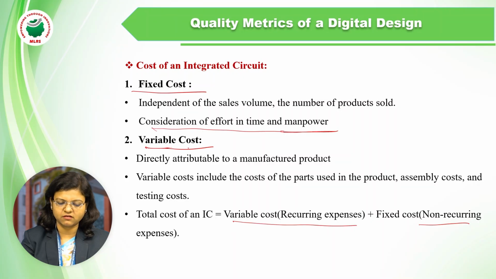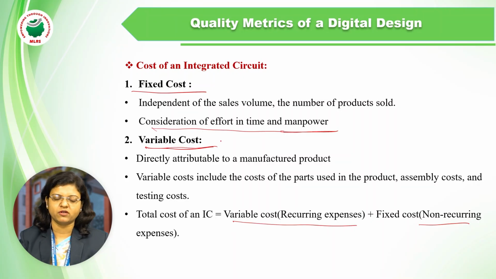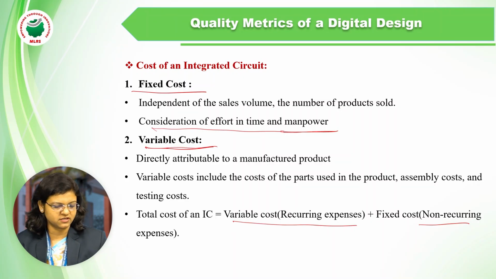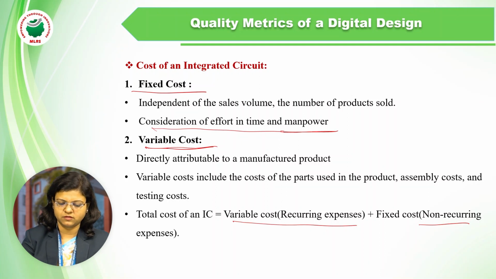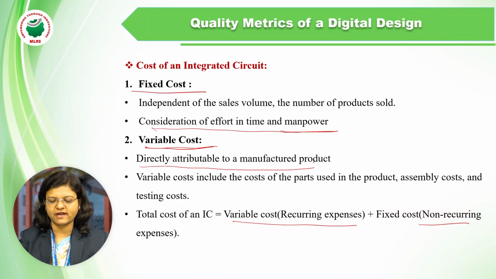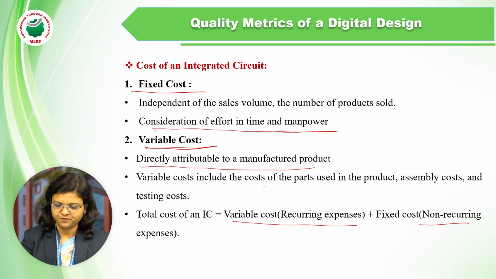The second parameter on which the cost of the integrated circuit depends is the variable cost, which is the recurring expense. These are directly attributed to the manufactured product, so this depends on the volume of the product and the number of products sold.